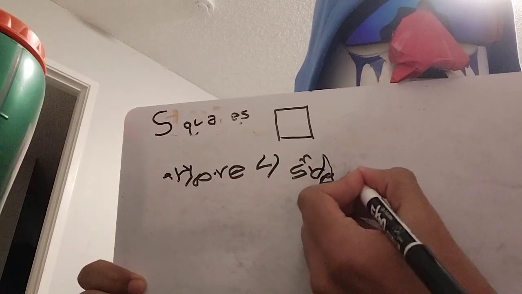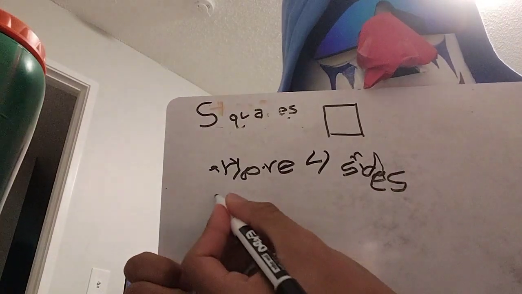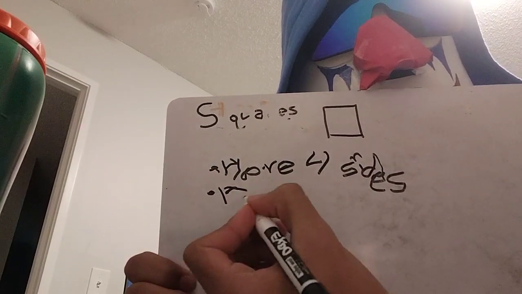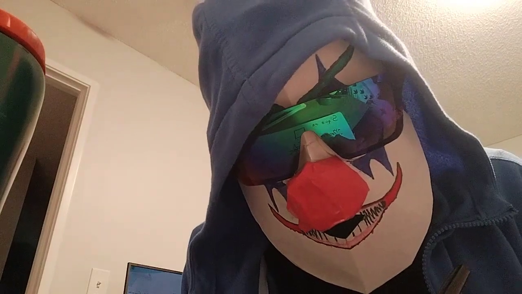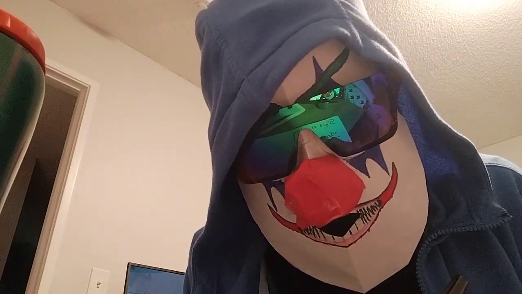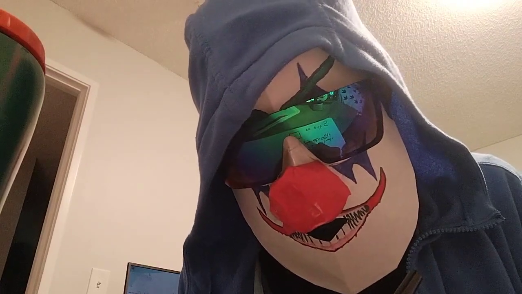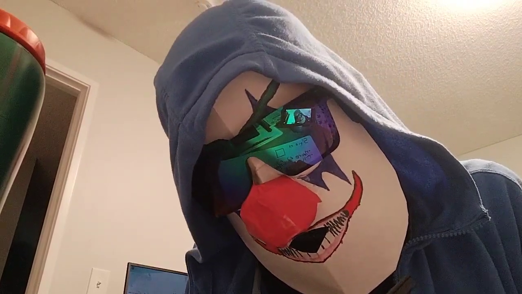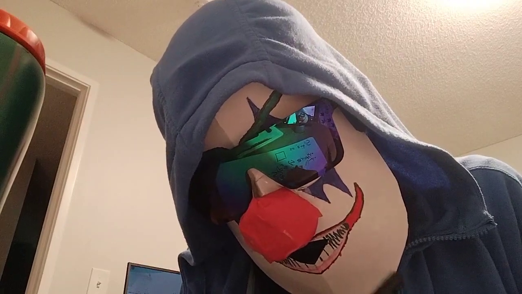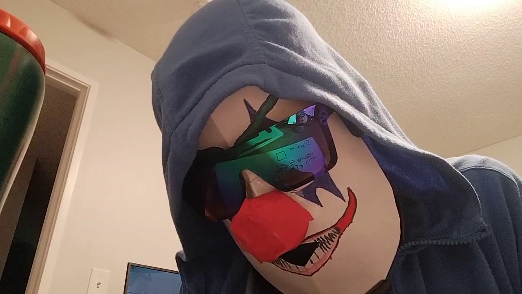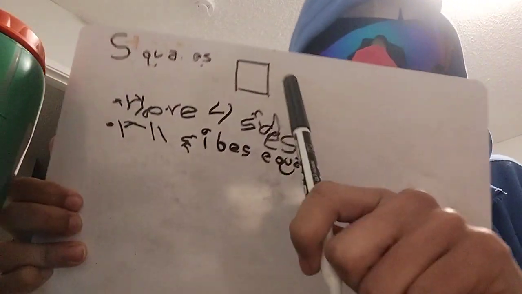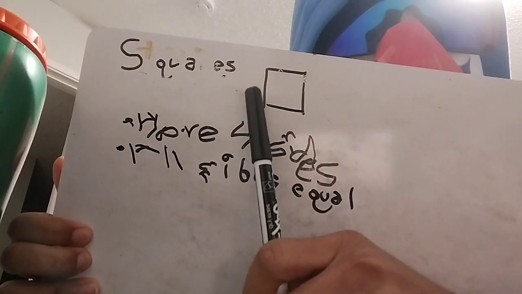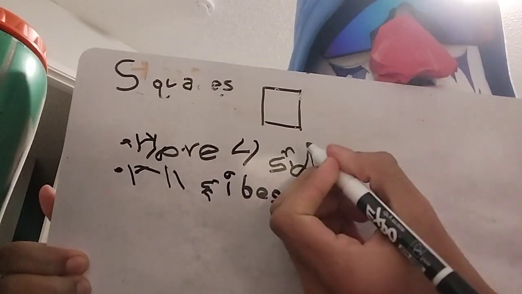They have 4 sides with all of their sides equal, if you don't mind me doing the best I can. 4 sides, if you count them, 1, 2, 3, 4, all of their sides are equal length.